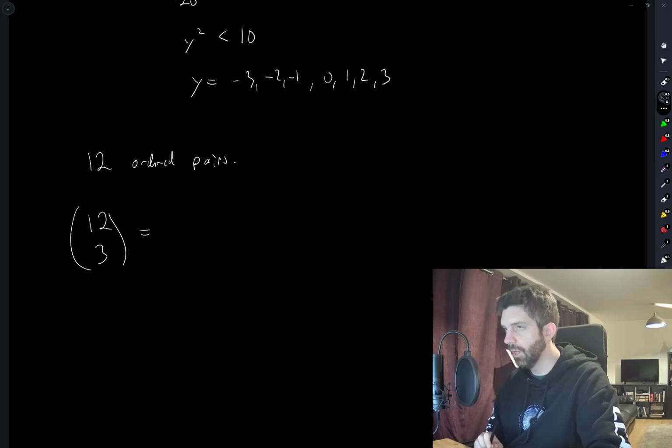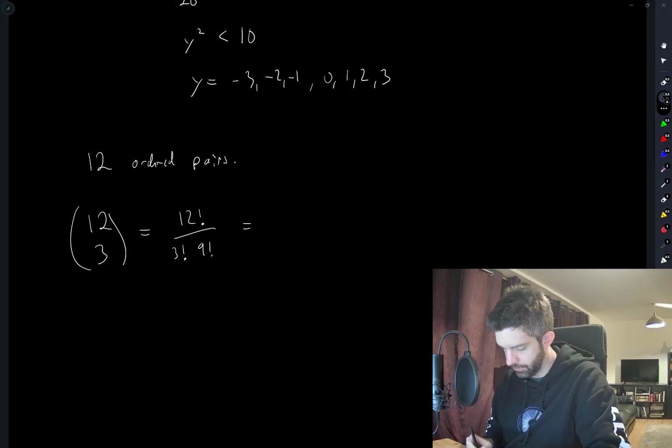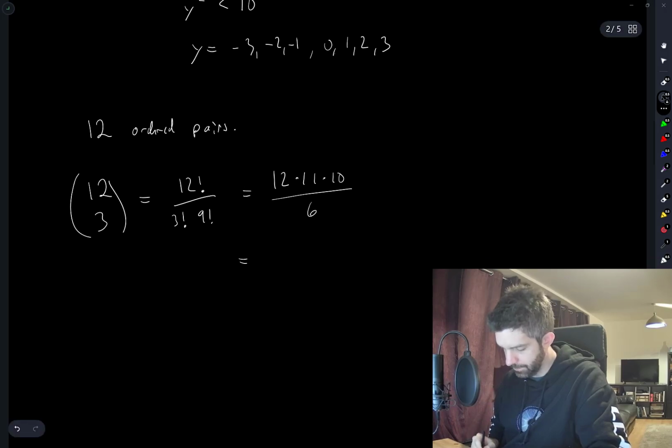This is 12 factorial divided by 3 factorial times 9 factorial, which is 2 times 11 times 10, which is 220. So that's where the denominator is coming from.